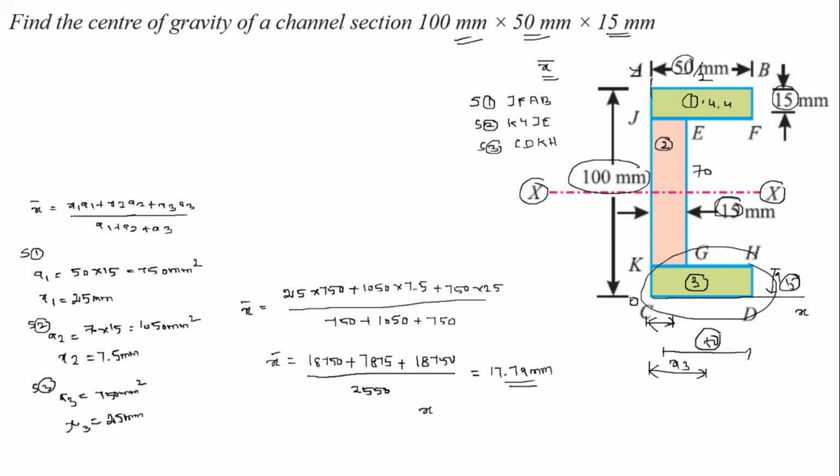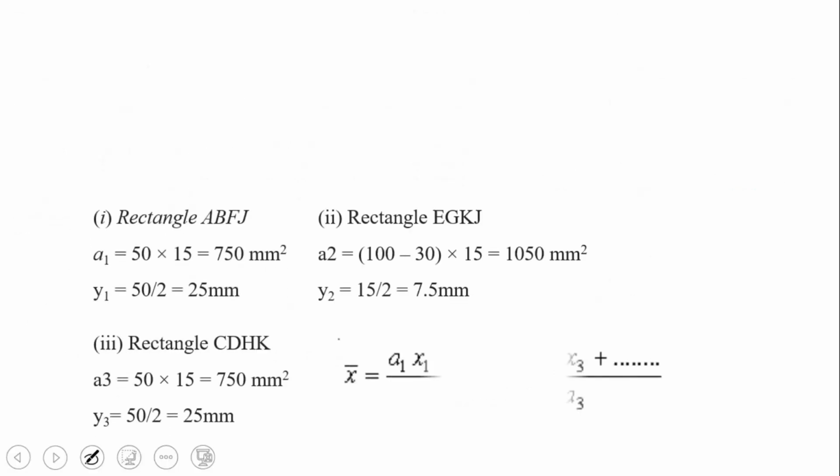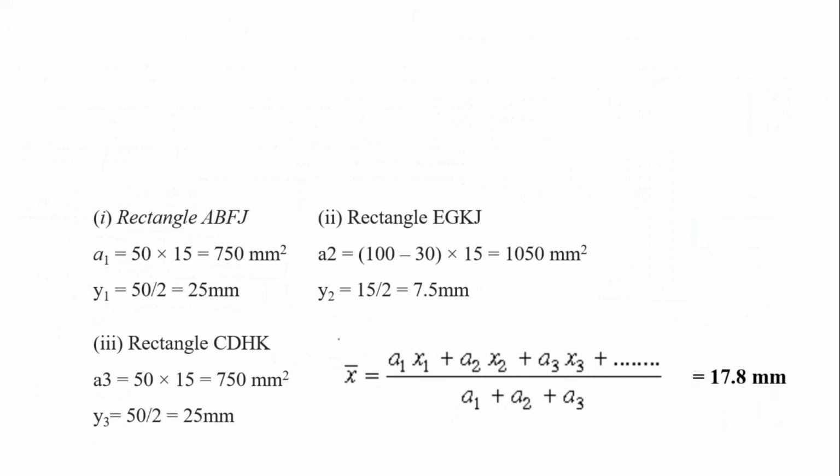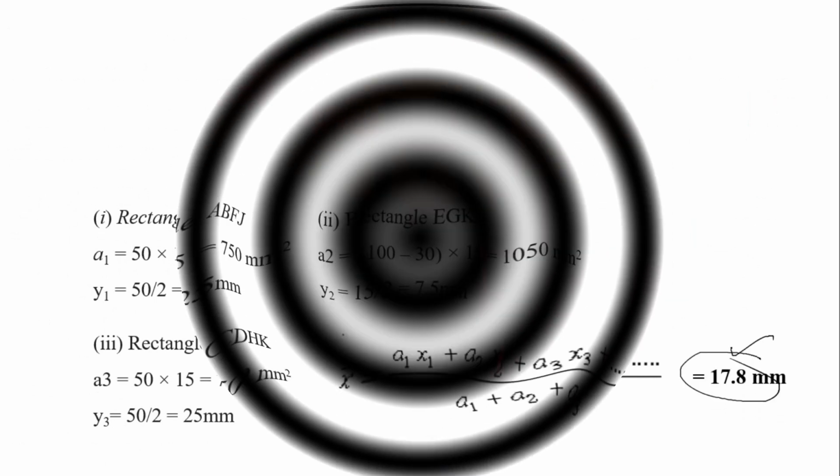So x bar is 17.79 mm, which means the CG of this section is lying 17.79 mm from this OY axis. So let us check the answers. 17.8 mm. Thank you.